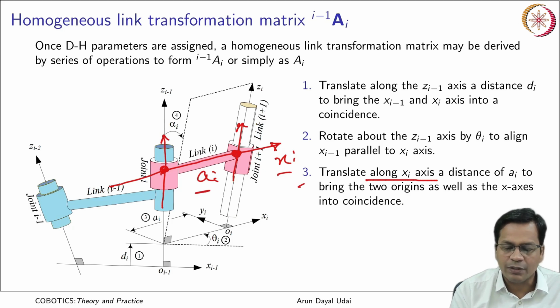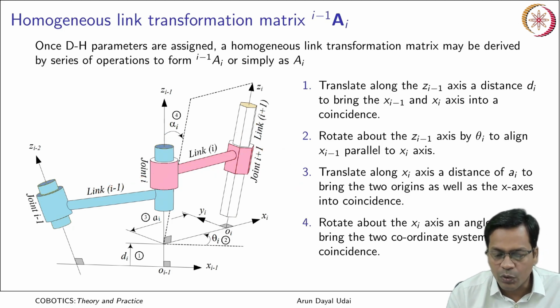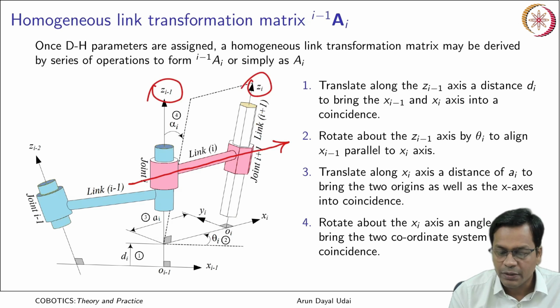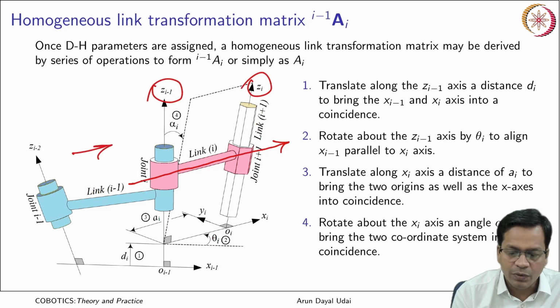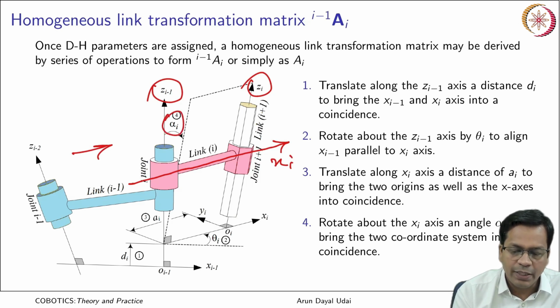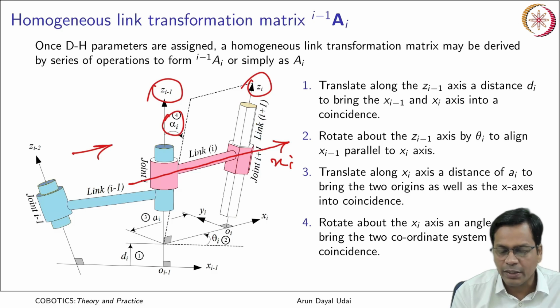The final one is rotation about the xi axis that takes zi minus 1 to zi. If you look from here, it is rotation about the xi axis by an angle alpha i that would take zi minus 1 to zi. So, the final transformation is a rotation about the xi axis by an angle alpha. So, 4 transformations are there.